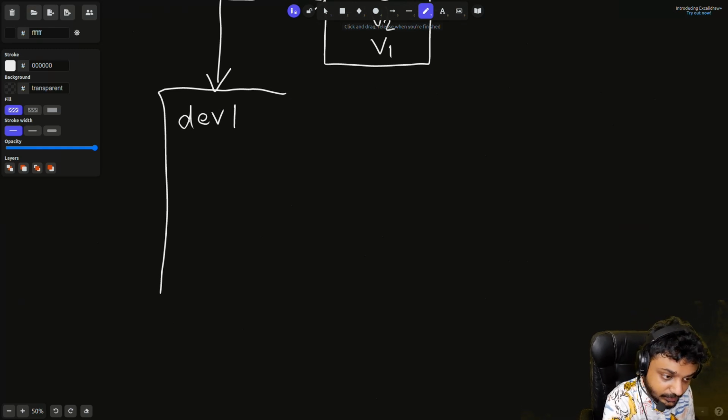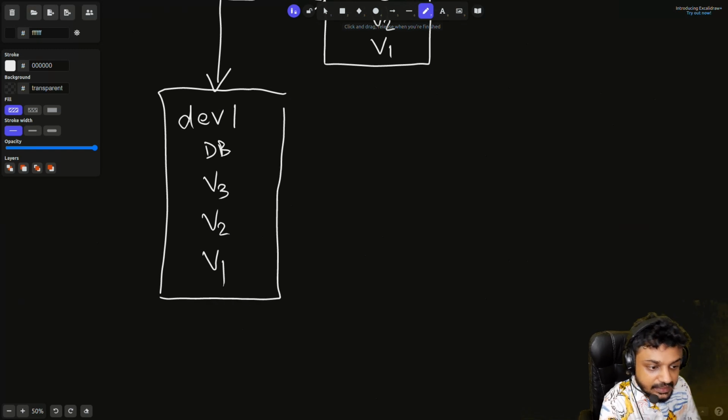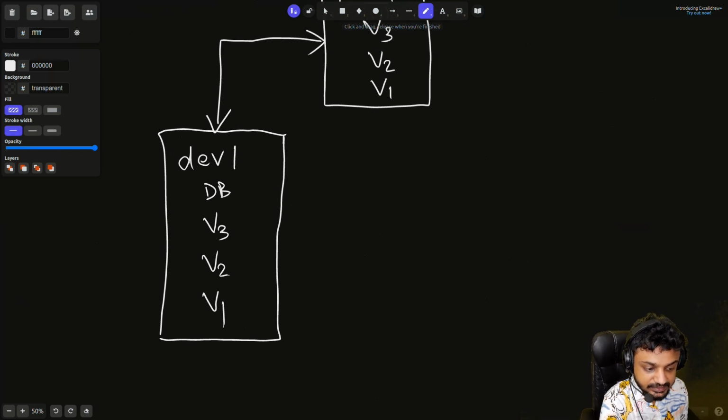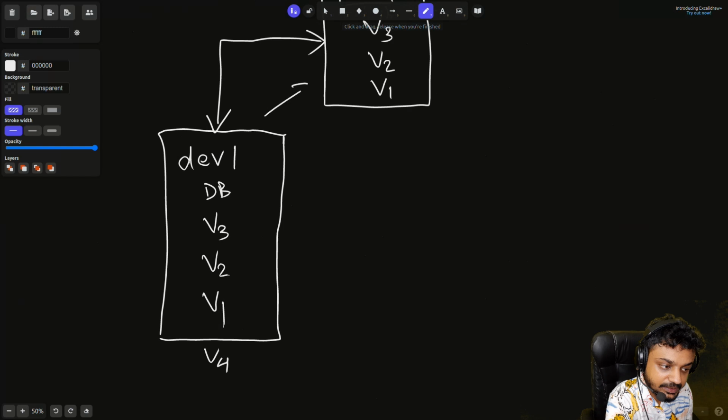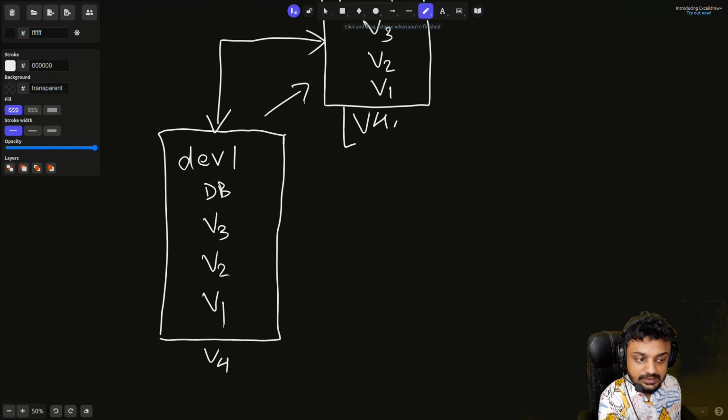In their db, they are going to again have v3, v2 and v1. And if they create a new version v4, then after they upload it, this v4 will also be stored here.